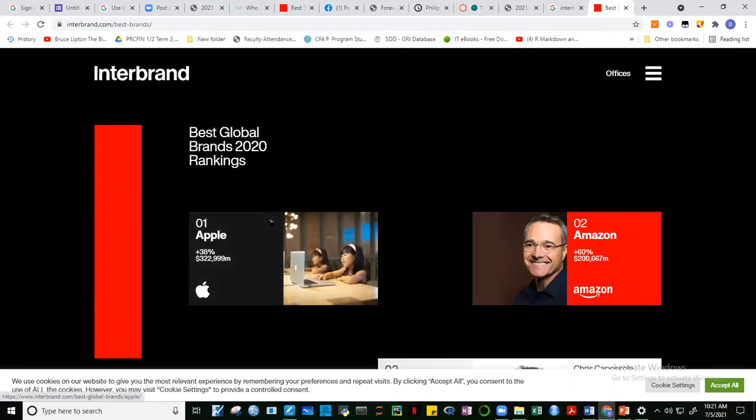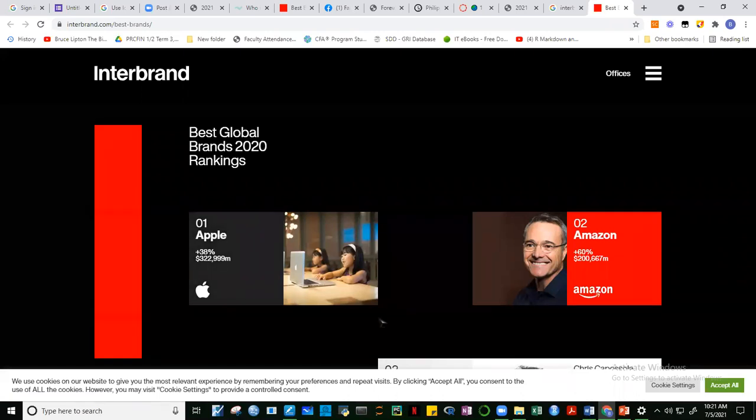Okay, let me just cite to you what this means. 322 billion, 999 million. So what does that mean? What do you think, guys, this 322 billion means? Anyone? You can chat or you can say what this means.